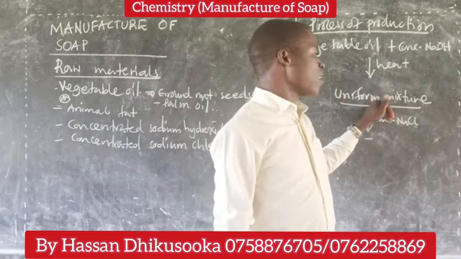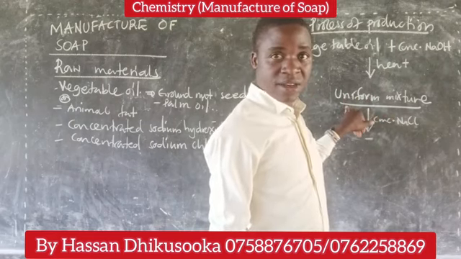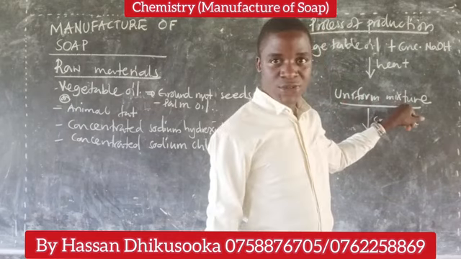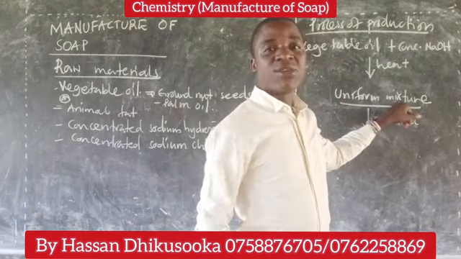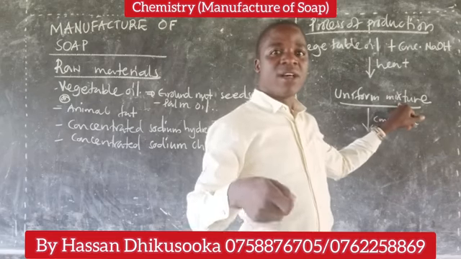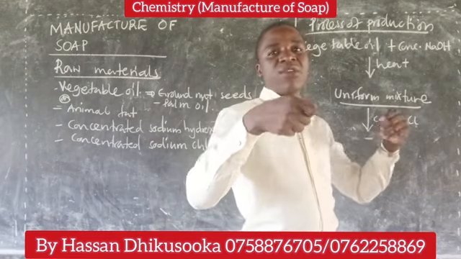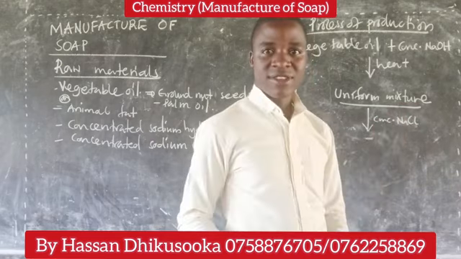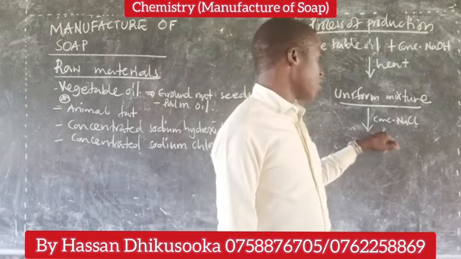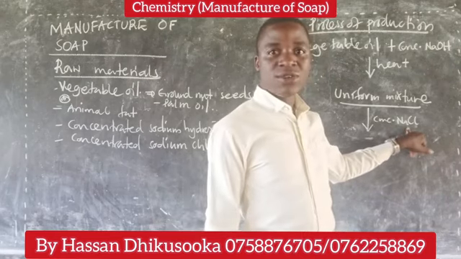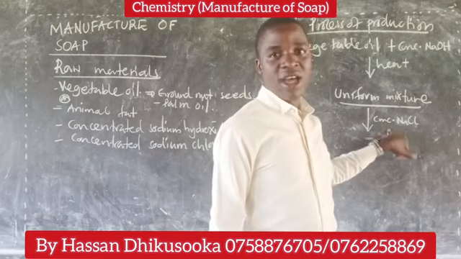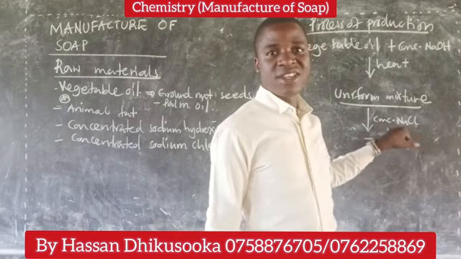This uniform mixture is for soap. This is a soap solution, but it will be in solution form. Remember, when you are preparing soap, someone will be interested in the solid state of it. So you add concentrated sodium chloride solution. The chemistry is here because of the common ion effect and so on.